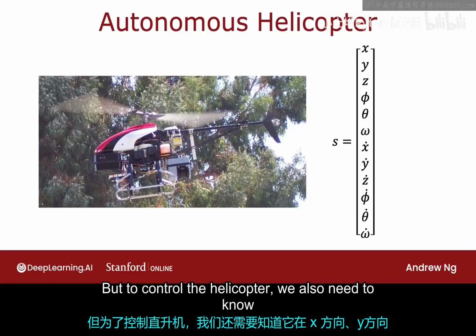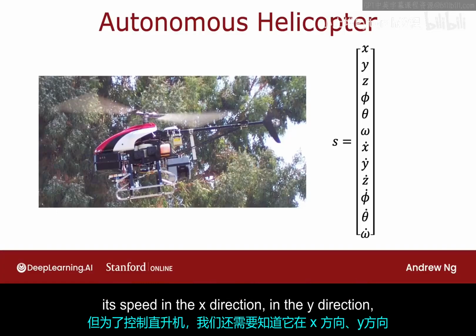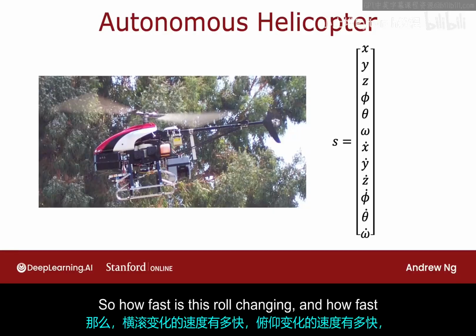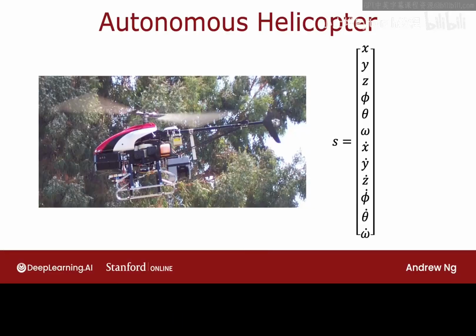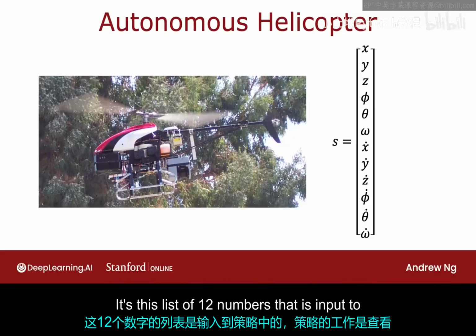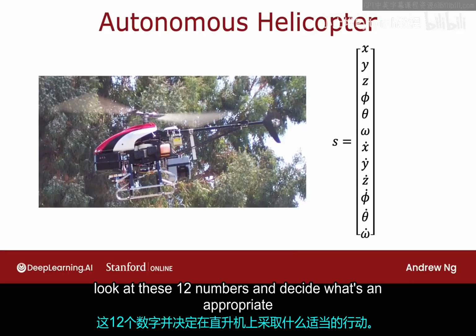But to control the helicopter, we also need to know its speed in the X direction, in the Y direction, and in the Z direction, as well as its rate of turning, also called the angular velocity. So how fast is its roll changing, and how fast is its pitch changing, and how fast is its yaw changing. So this is actually the state used to control autonomous helicopters. It's this list of 12 numbers that is input to a policy. And the job of a policy is to look at these 12 numbers and decide what's an appropriate action to take in a helicopter.